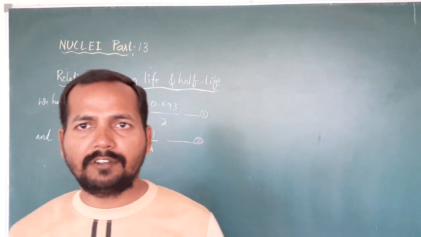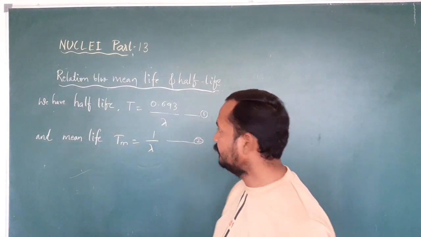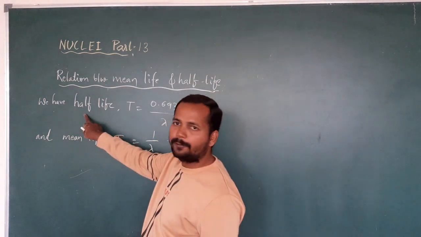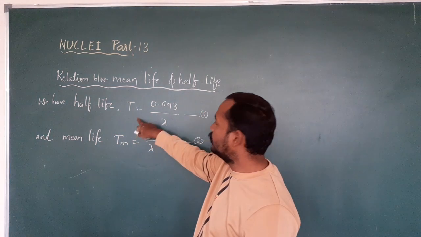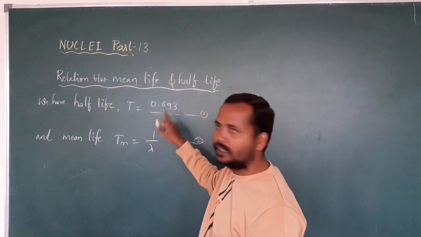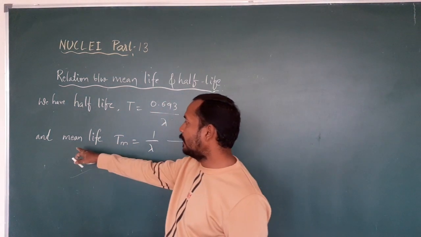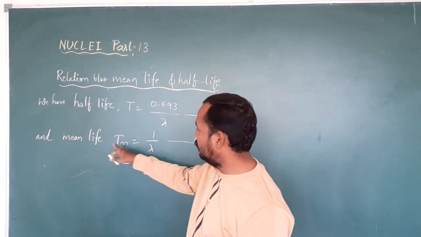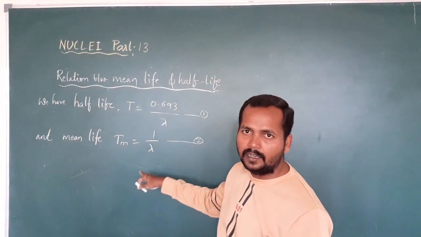Next, the relation between mean life and half life period. We know that the half life equation is given by t is equal to 0.693 divided by lambda, and we have just found that mean life is given by tm is equal to 1 by lambda.